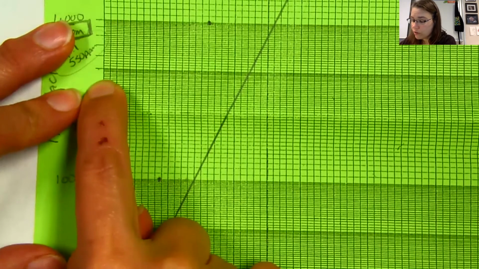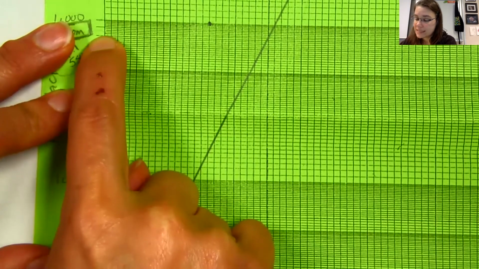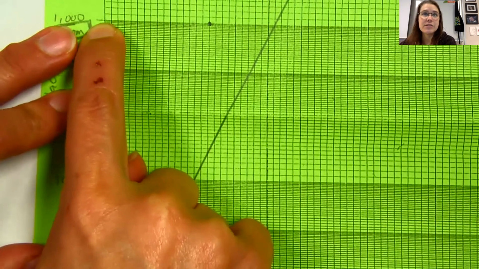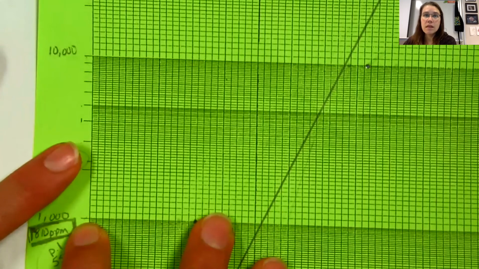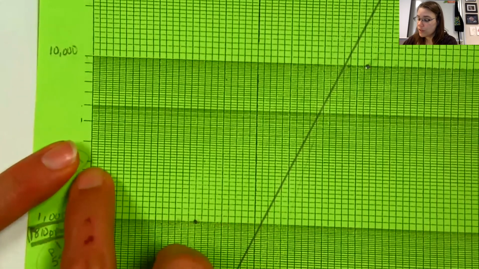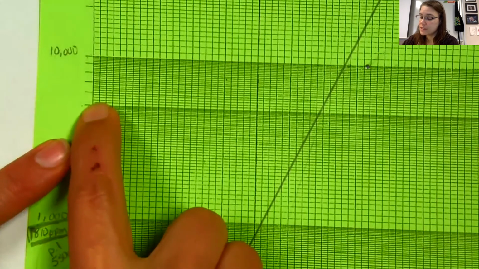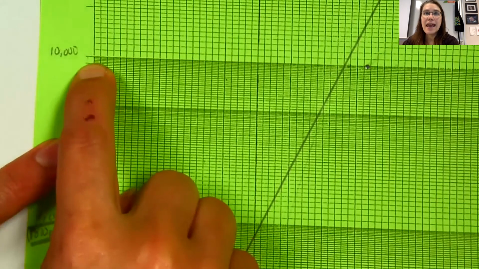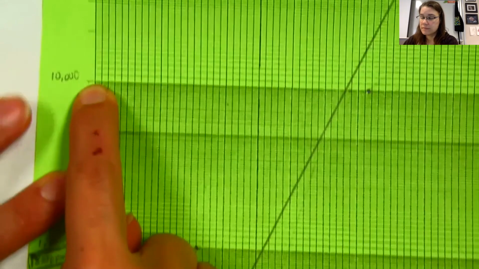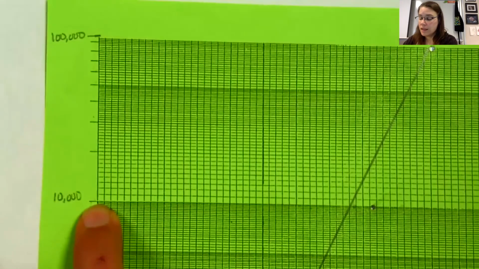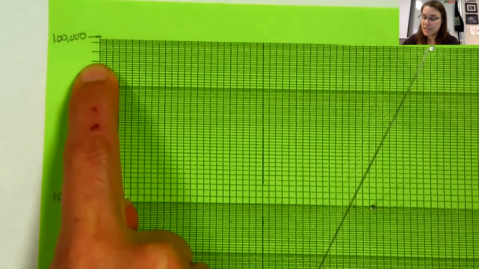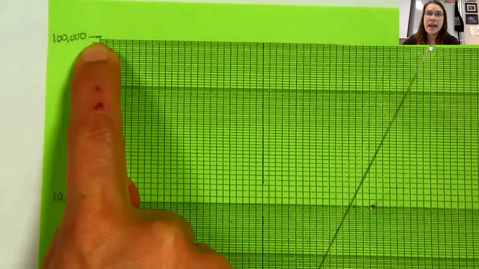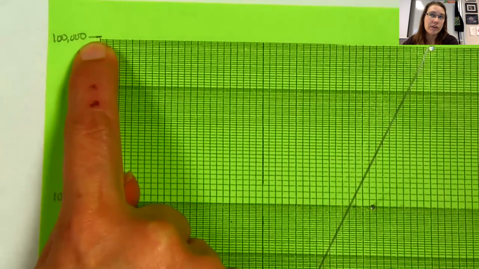Then 100, 200, 300, 400, 500, 600, 700, 800, 900, and 1,000. Then 1,000, 2,000, 3, 4, 5, 6, 7, 8, 9,000, and 10,000. Then 10, 20, 30, 40, 50, 60, 70, 80, 90,000, and 100,000. I think you have to draw the 100 on there.